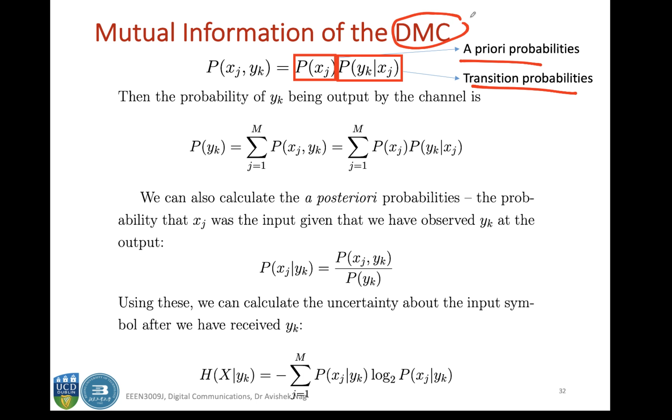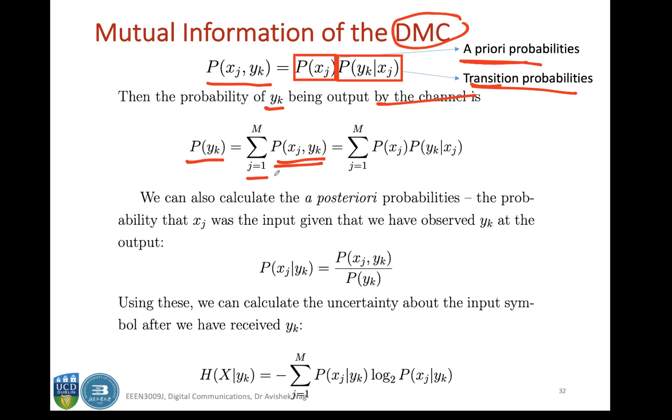So you can calculate the joint probabilities p(xj, yk) by using Bayes rule from the given parameters of the discrete memoryless channel, which are the transition probabilities and the a priori probabilities. And then the probability of yk being output by the channel can be calculated by summing over all j of these joint probabilities.